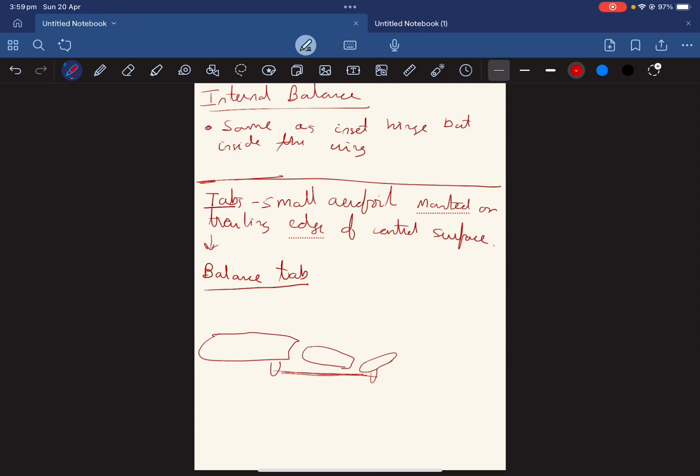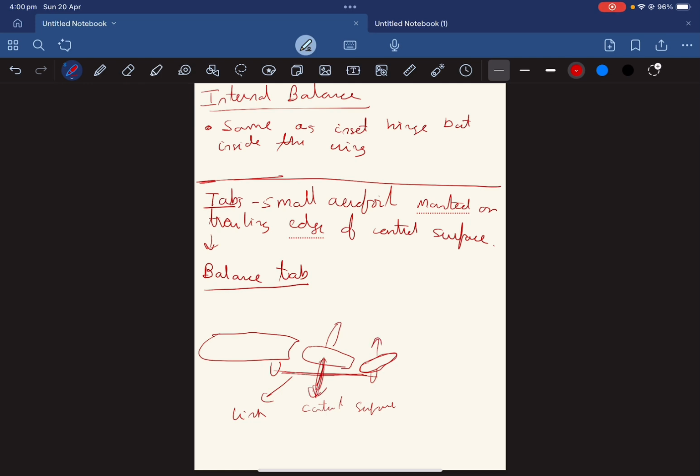The pilot is going to control your control surface, so whatever input the pilot gives, it's going to move the control surface. This link, whenever your control surface is moving, let's say it's moving down, due to this link, the tab over here will have the opposite movement. So if this is coming down, this will go up.